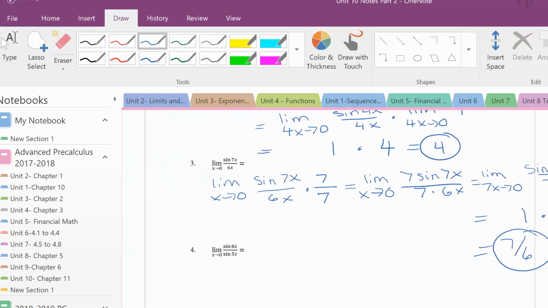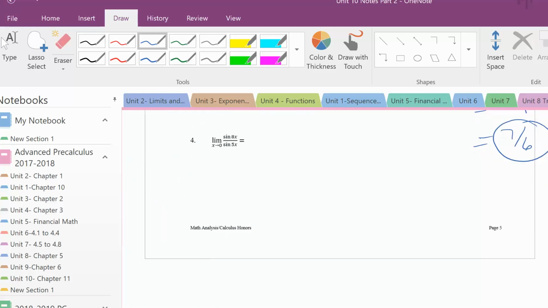And last but not least, here we have 2 of them. So we have sine 8x over sine 5x. So the limit as x approaches 0 of sine 8x, and I'm just going to put over 1 to know that it has a fraction, times 1 over sine 5x.